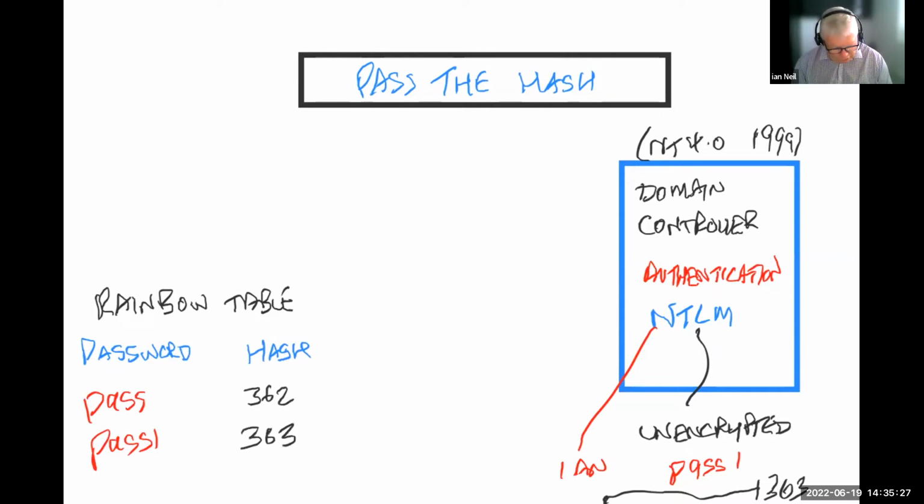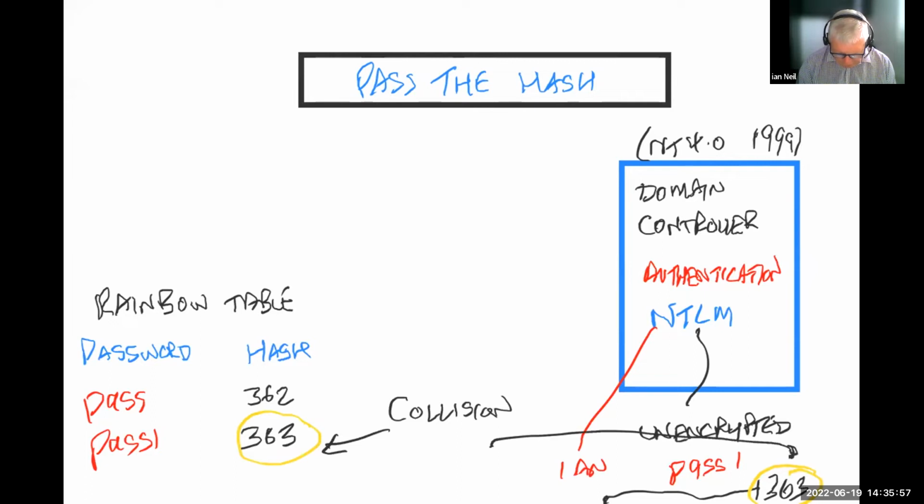So as long as it's got the password database of the LAN Manager, he's trying to do a password match. Now you can see here, this password and that password have now matched. So he knows the password for the Ian account is pass1. Now, this is called a collision. When you get 2 hashes that match, that is called a collision.